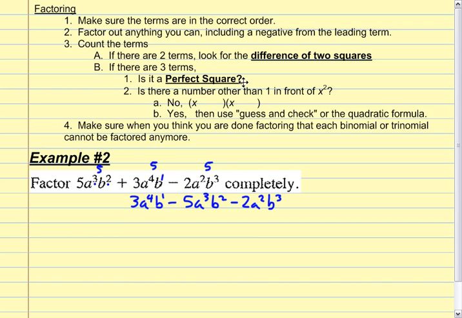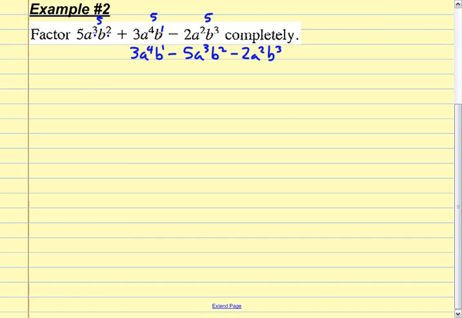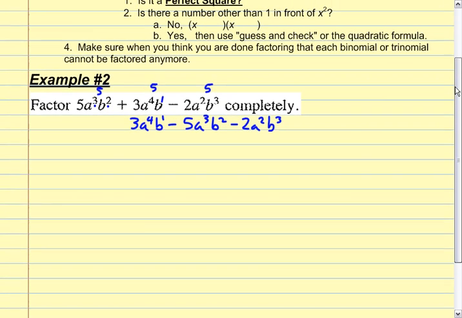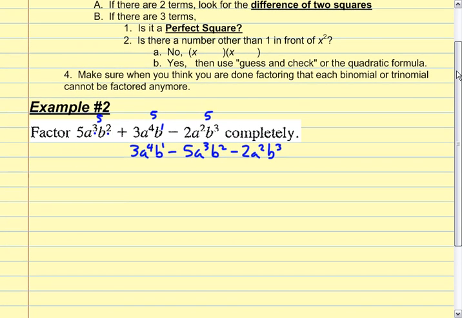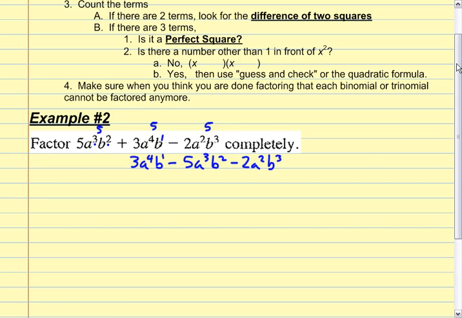Step number 2 says, factor out anything you can, including a negative from the leading term. Well, when I look at this, I'm going to scoot down a little bit, give myself a little more room. I can see that no numbers go into 3, 5, and 2, so there's nothing that I can pull out in numbers. But I do see that each of them have at least an A squared, and each of them have at least a B. So I can pull out those variables.